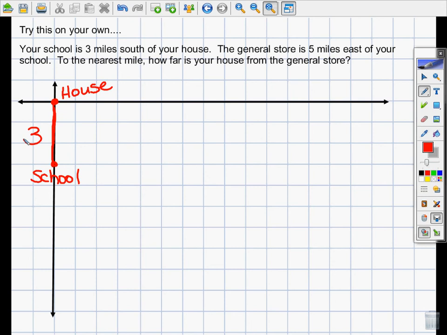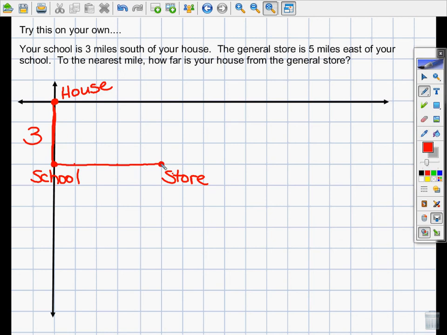Not from your house, from your school. So start at the school. Which way is 5 miles east? Right, yep, so 1, 2, 3, 4, and here's 5. There's the store, okay?